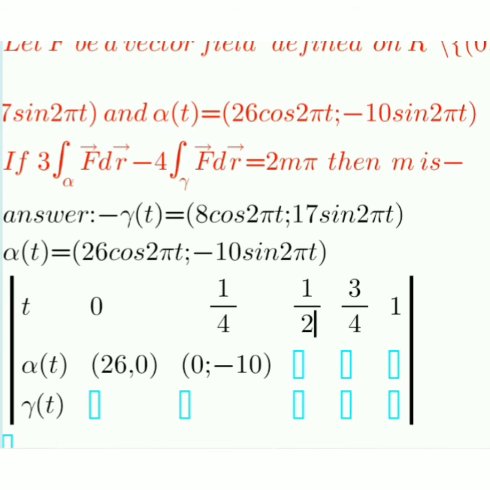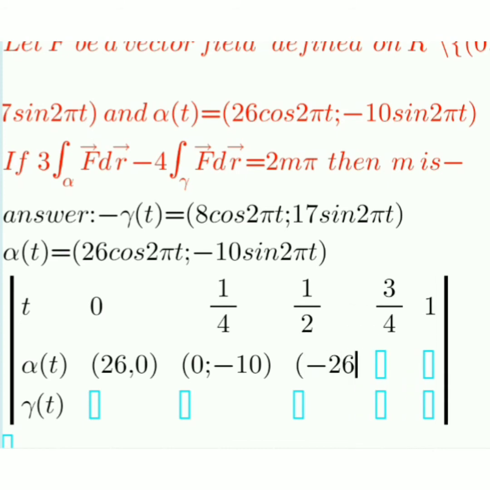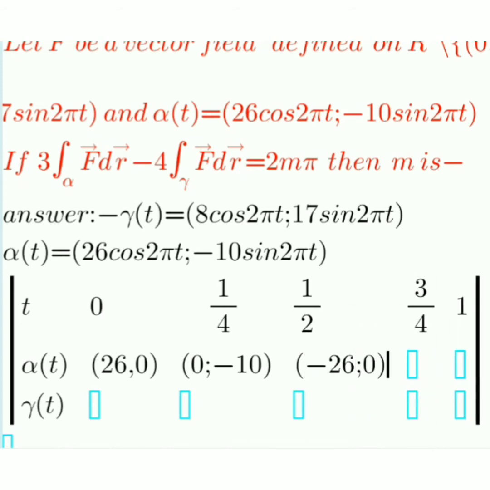Another value: putting t equal to half, then cos pi is minus 26 and sin pi is 0.